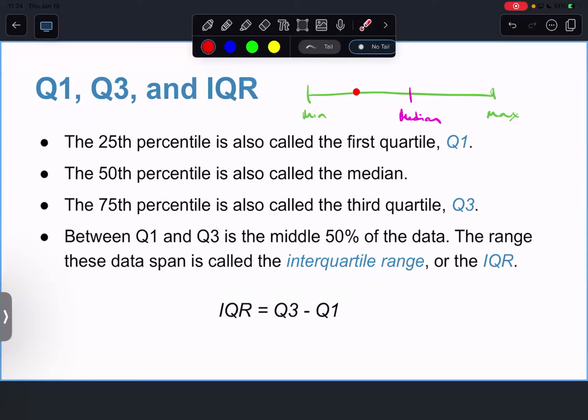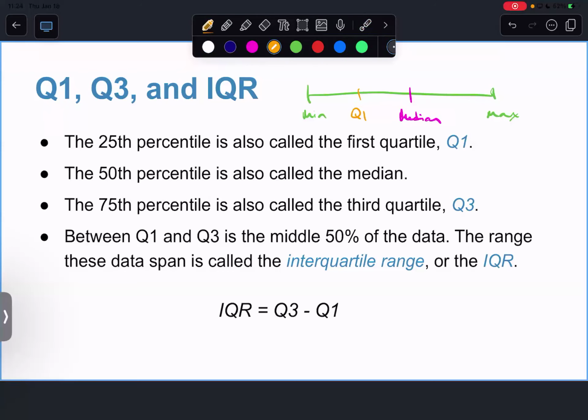If you had to split this into quarters, even if you didn't really know what to do, if I asked you, hey, where's the first quartile? You think about what a quarter is, and you say, okay, well, if I've split it in half, how about I split the lower half in half? That's exactly what you're going to do.